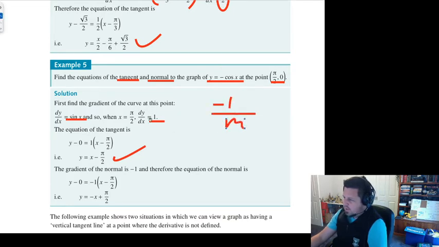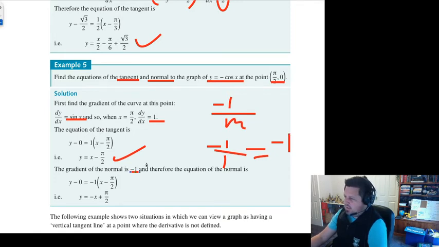We worked out the gradient of the tangent, so it's 1. So the gradient of the normal is going to be -1 over 1, which is -1. That's how they get the gradient of the normal, because you already had the gradient of the tangent.